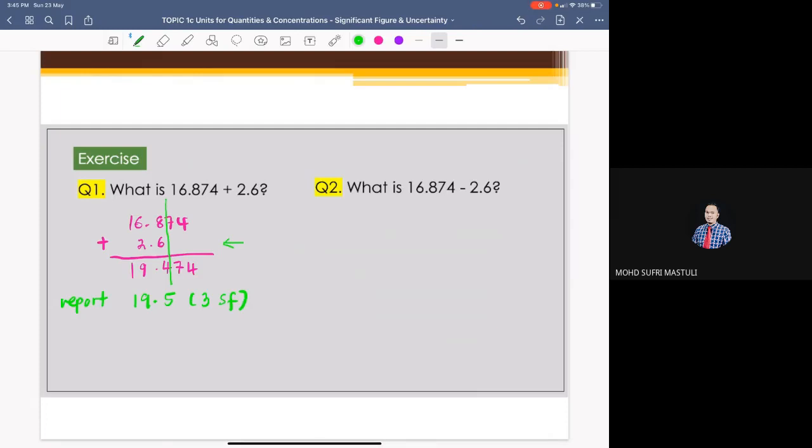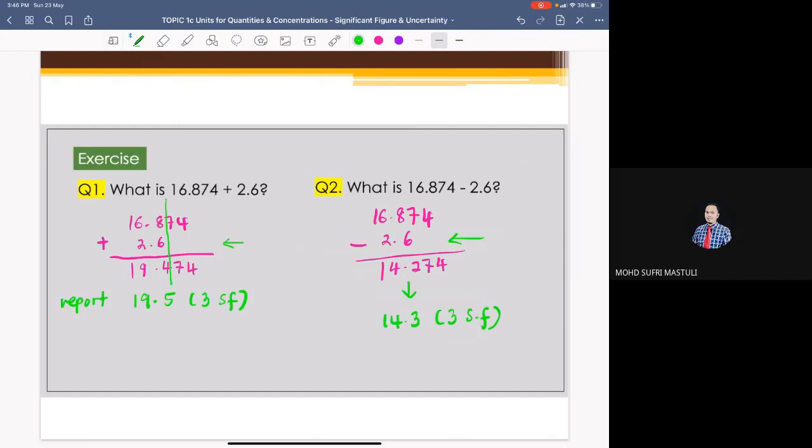The same goes for this example, 16.874 minus 2.6. You can obtain 14.274. Based on the lowest precision, you will report 14.3, which is three significant figures.